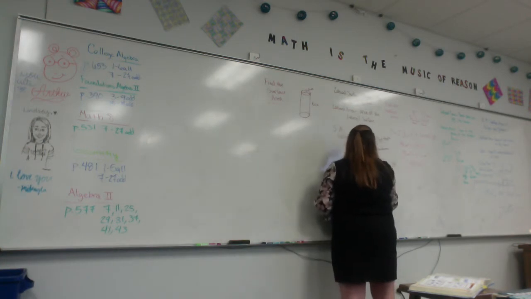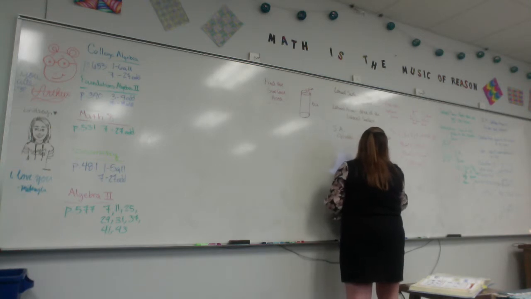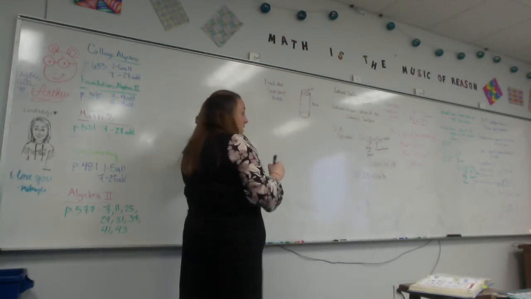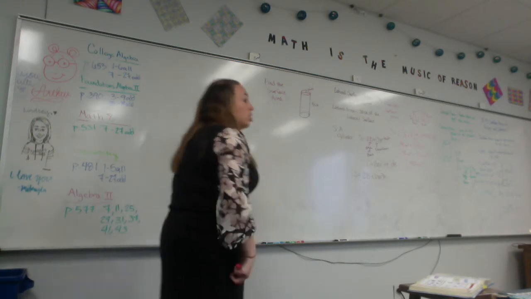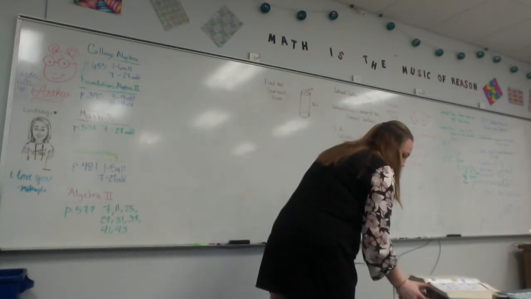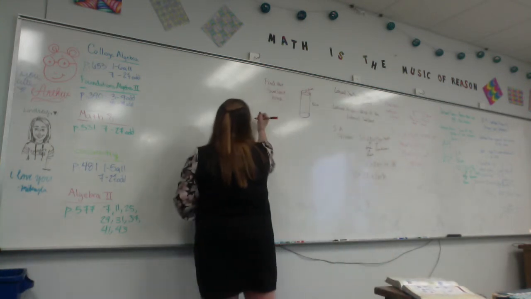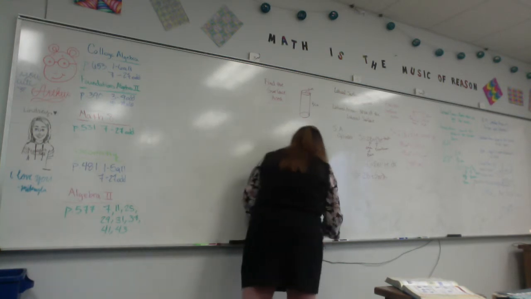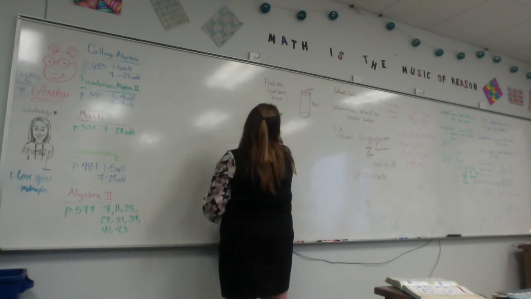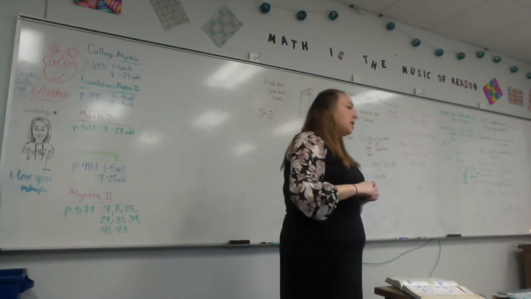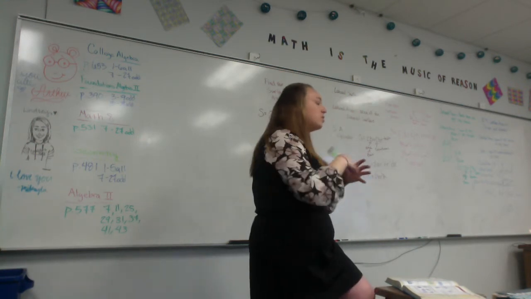So if I rewrote it, it would say surface area equals 2 times the area of the base plus 2 pi r, I'm just going to use that one right now, times the height. Okay? So if it says find the surface area of this cylinder, how do I set that up? What are your bases of this cylinder? It's the circles, right? So if I'm doing surface area for this one, I have 2 times the area of a circle.